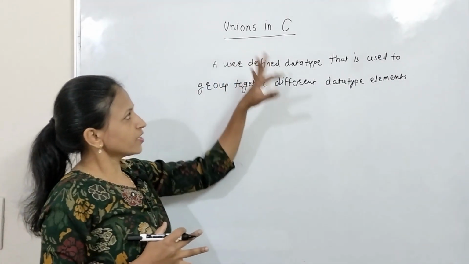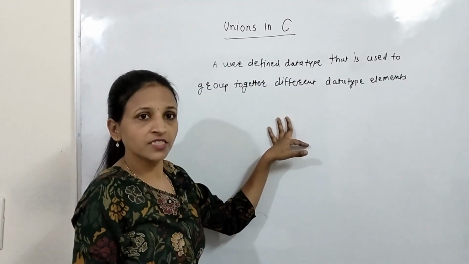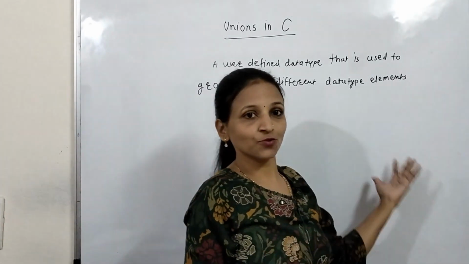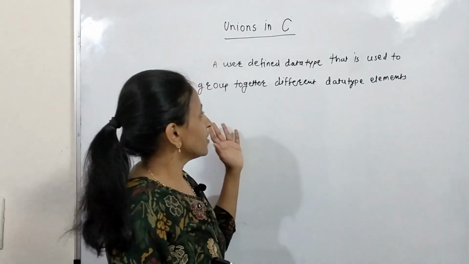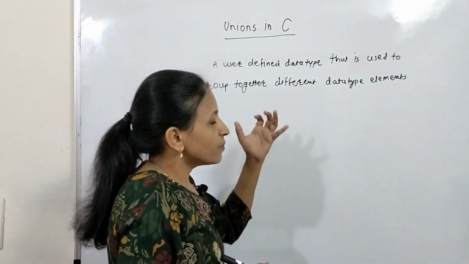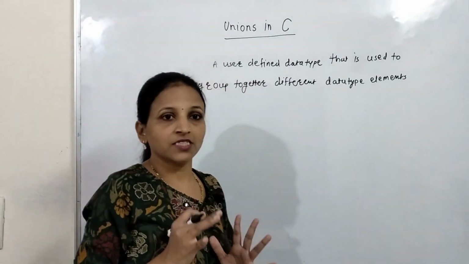For union and structure, you can write this same definition, that it is a user defined data type that is used to group together different data type elements. Now what is the difference? The difference is in the memory allocation.